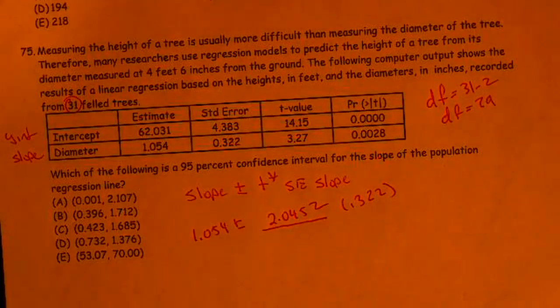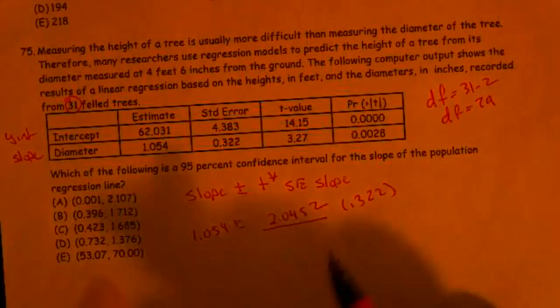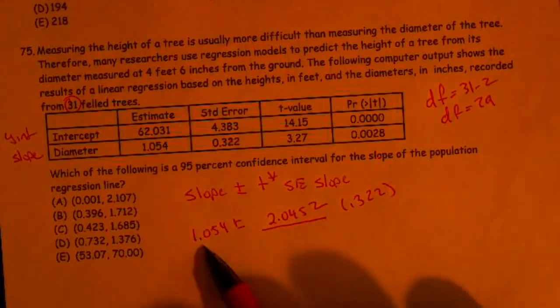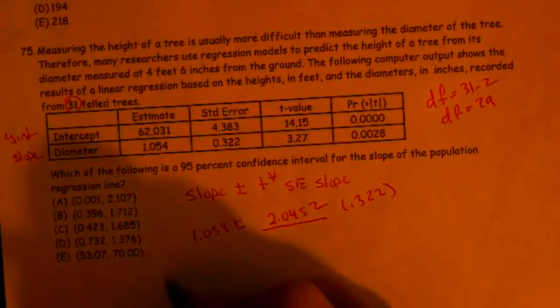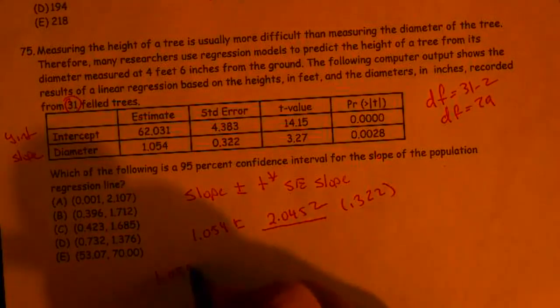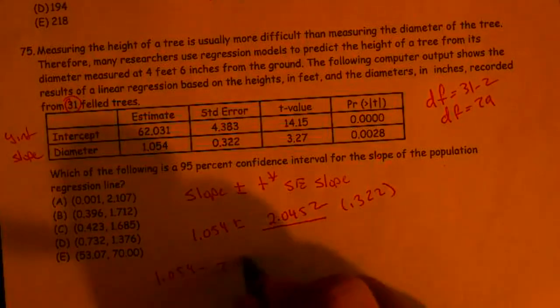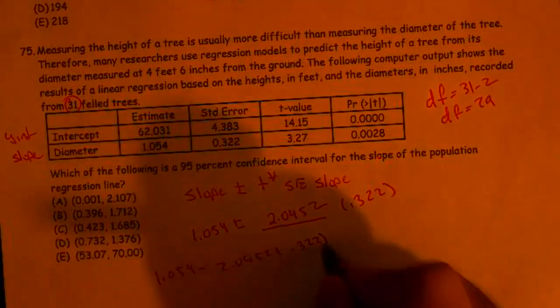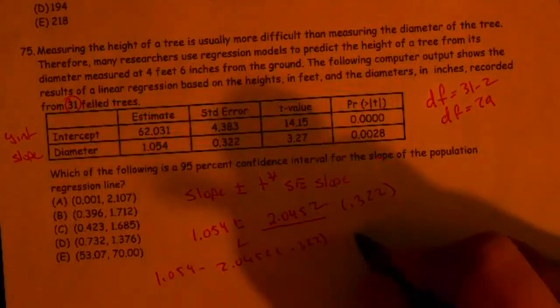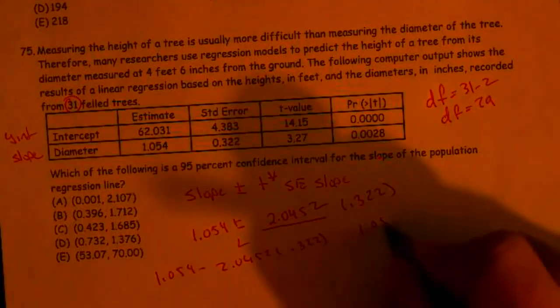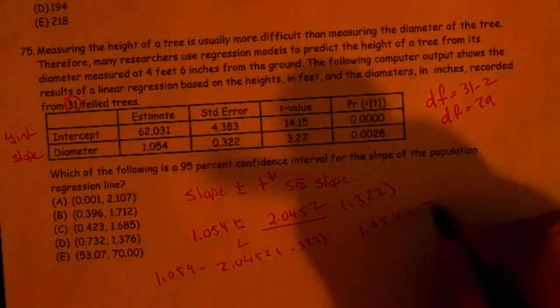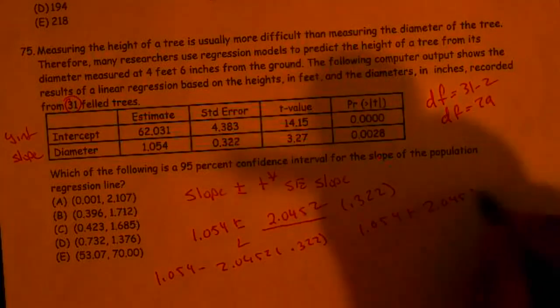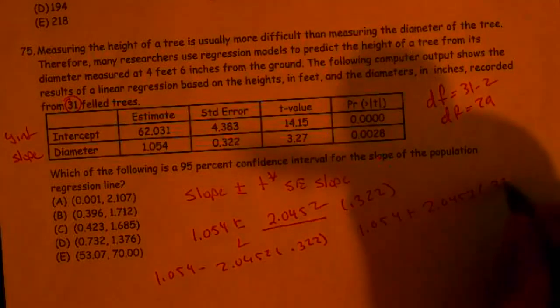All right, if you notice here, we can't just plug this into the calculator, so we're going to have to plug and chug this. I have to separate this into two equations. So it's going to be 1.054 minus 2.0452 times 0.322. That'll be the lower bound. The upper bound will be 1.054 plus 2.0452 times 0.322.